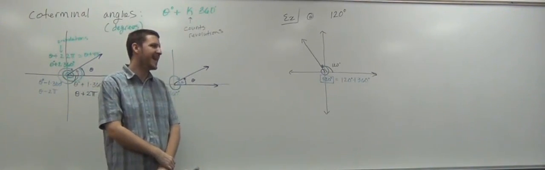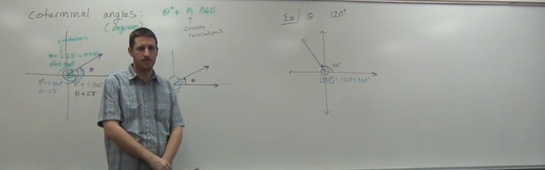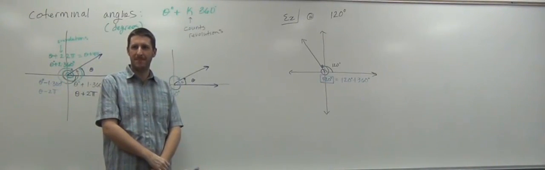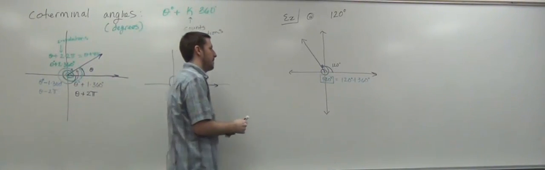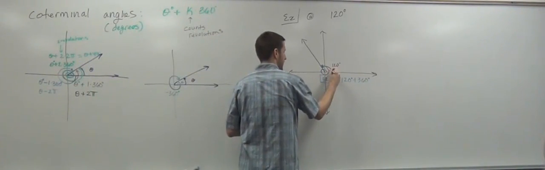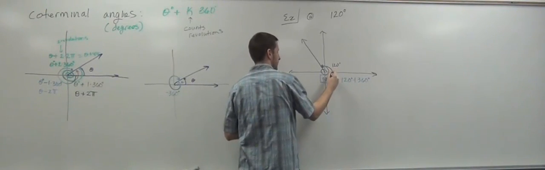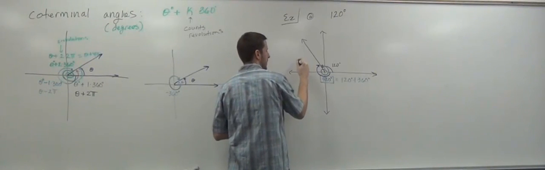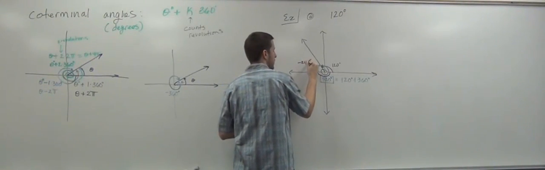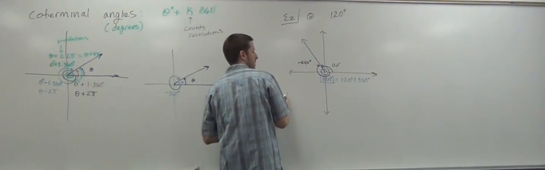I wanted 2. Give me a negative coterminal angle. Negative 240. How'd you get that? Subtract 360, right? I'm not blowing any minds yet. So if I subtract 360, it'll give me this angle. It'll be negative 240 degrees for the measurement.